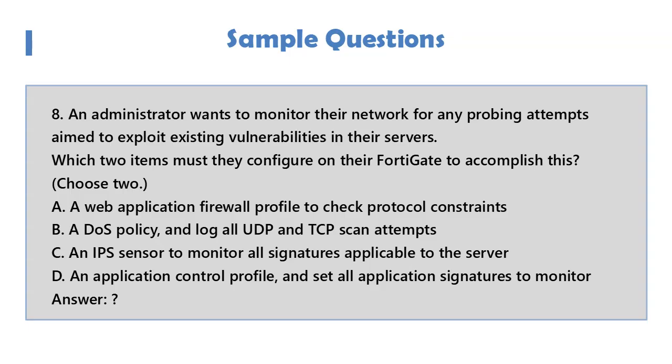B. A DOS policy, and log all UDP and TCP scan attempts. C. An IPS sensor to monitor all signatures applicable to the server. D. An application control profile, and set all application signatures to monitor.